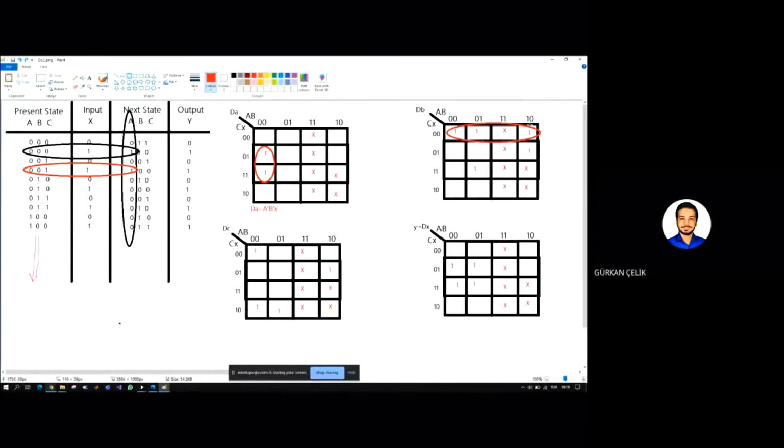What do you think about these two ones? Yes, we can also make a circle for them, for all 8. So we should create for all 8. Do you understand why we use the bigger expression?